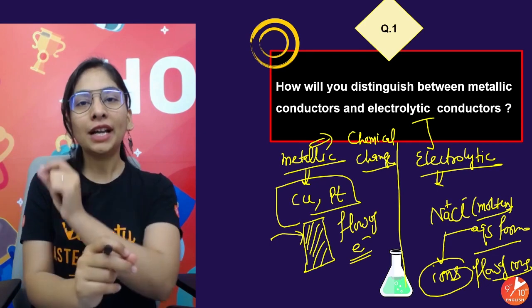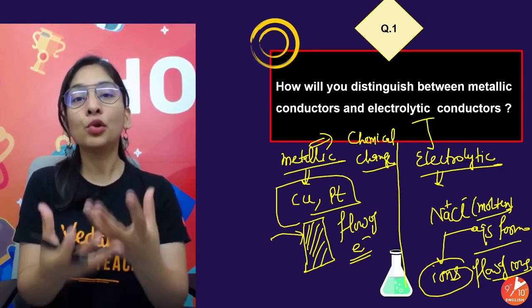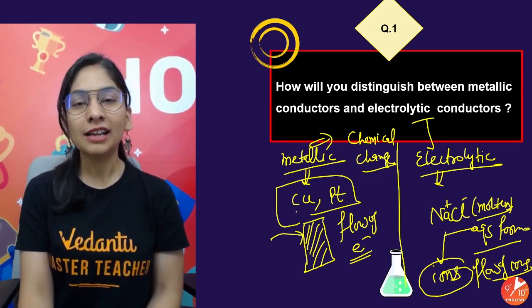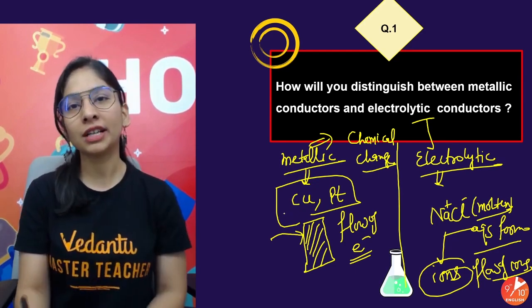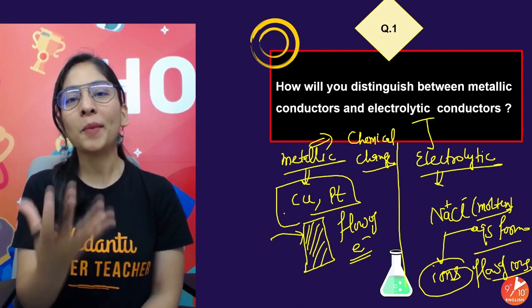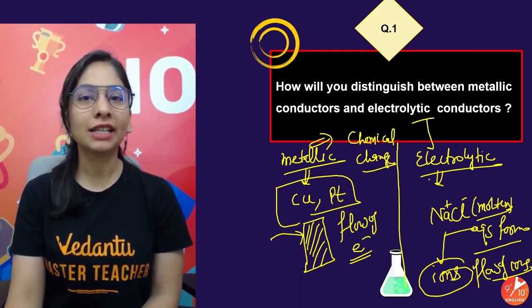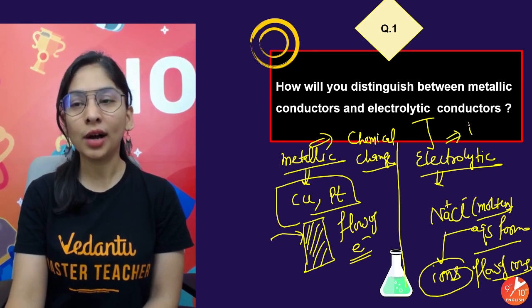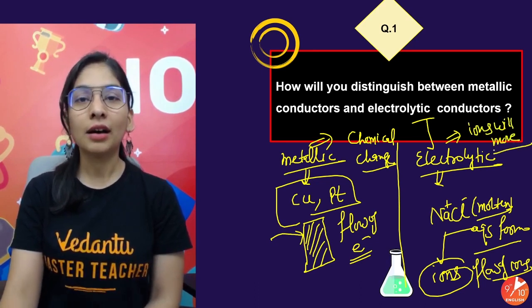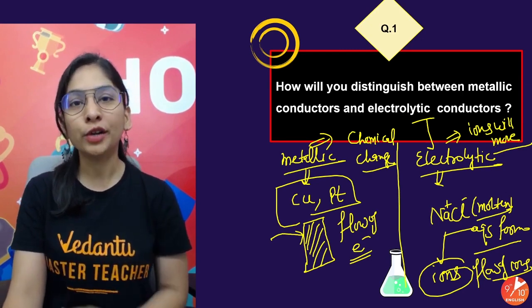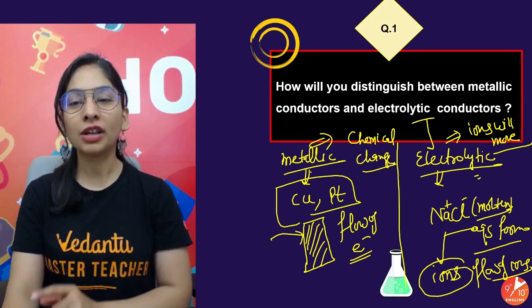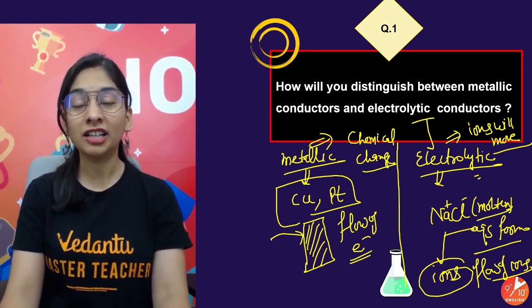The flow of electrons will give you positively charged atoms called kernels and negatively charged electrons, but overall the atom will remain the same. But in case of an electrolytic conductor, what will happen? Chemical change will definitely occur because ions will move towards the respective electrodes and get deposited over there. So chemical change will occur in an electrolytic conductor, not in a metallic conductor.